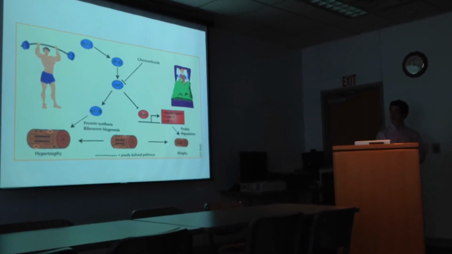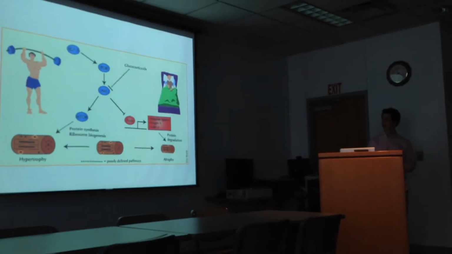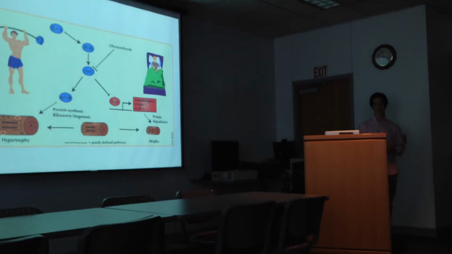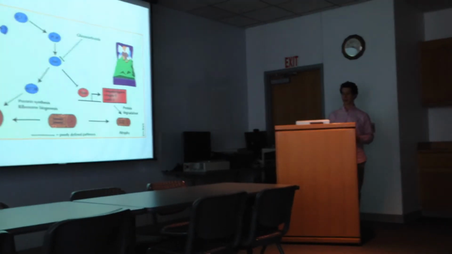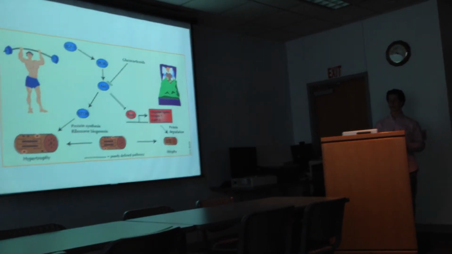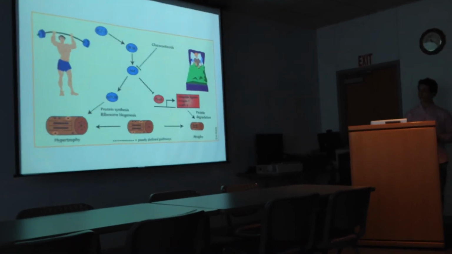So we looked at the catabolic pathways, but we also looked at the anabolic pathways. Inhibition of AKT activates FoxO and should lower the activity of mTOR. So we looked at a downstream target of mTOR, phospho-S6.